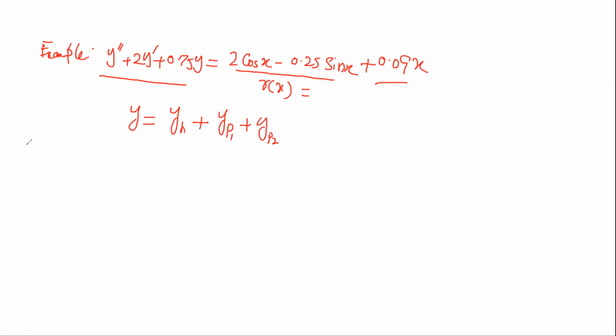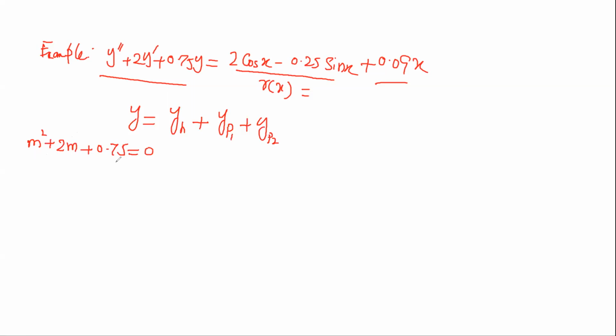The homogeneous solution, because the equation is like this, will come from m square plus 2m plus 0.75 equal to 0.